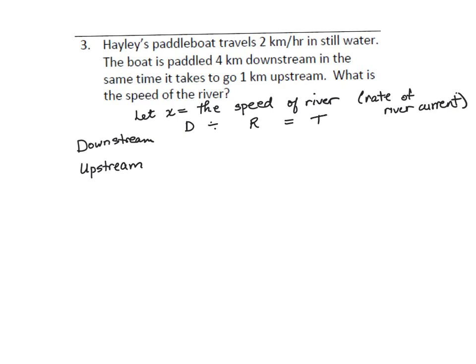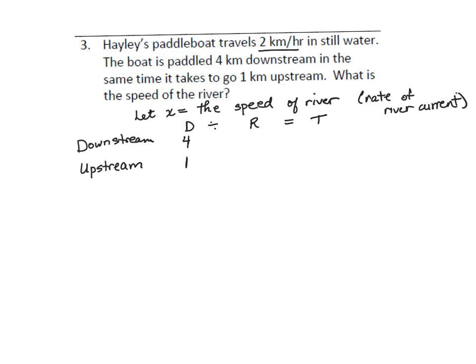Now let's look at the distance. It does say the boat paddled 4 kilometers downstream, so we'll put the 4 here under distance, and 1 kilometer upstream, which is 1. We could represent the rate of the paddle boat in still water, which was 2 kilometers per hour.